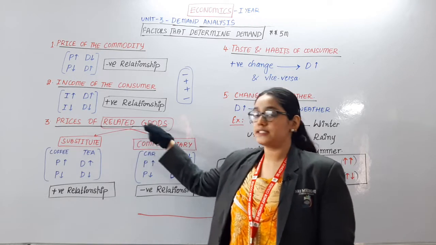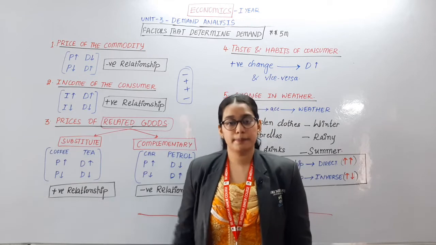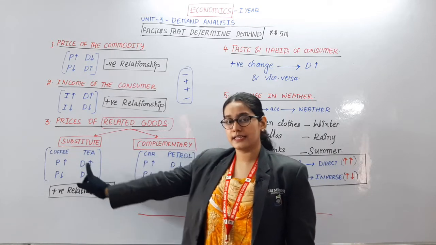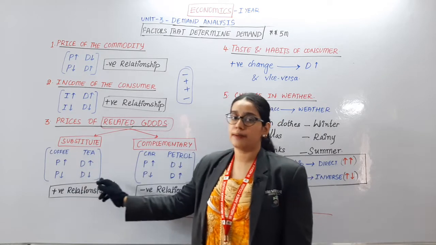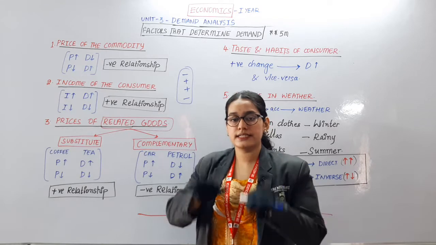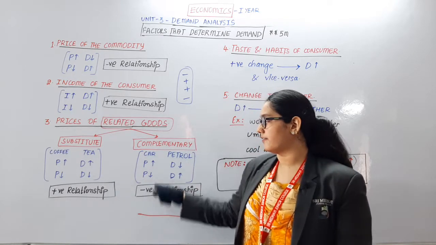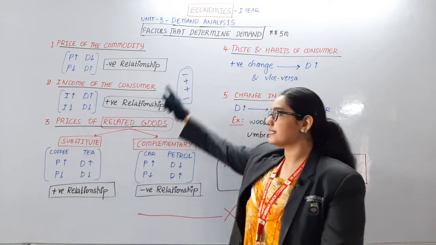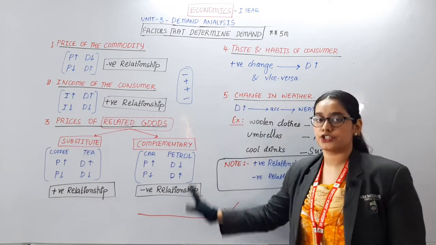Both increase, both decrease, that is a positive relationship. Third point, prices of related goods. Related means substitutive and complementary. Prices of coffee increase, demand for tea increases. Prices of coffee decrease, demand for tea decreases. Both increase and both decrease, that is a positive relationship. In the same way, here we have a negative relationship. To memorize the first three points: negative, positive, positive and negative relationships.